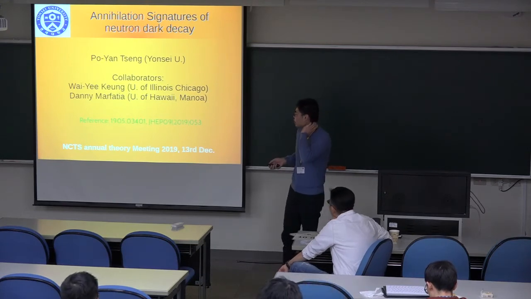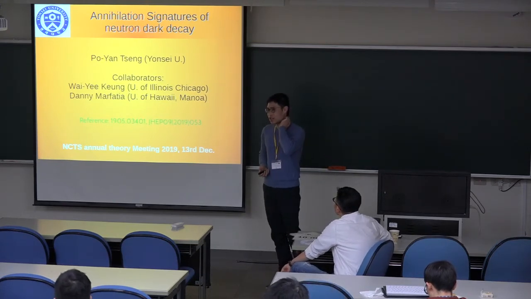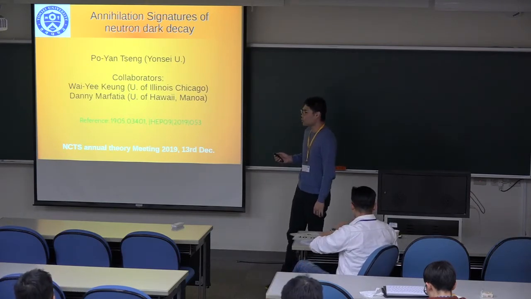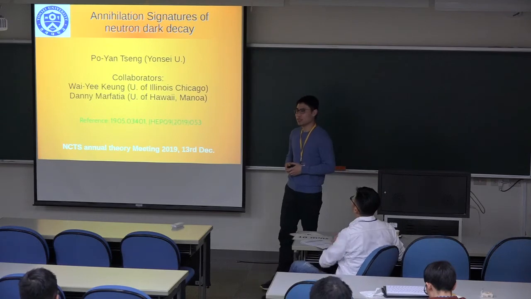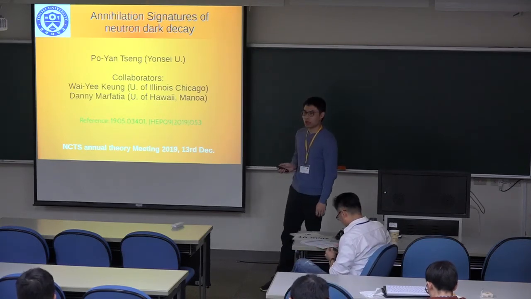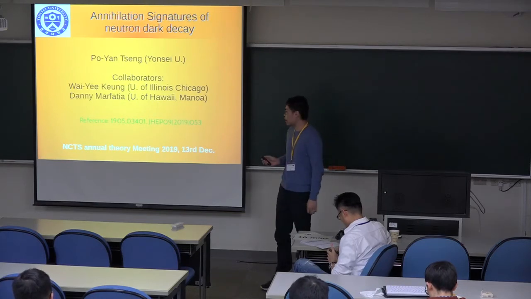Yesterday, we already gave a very nice introduction about this topic, and therefore I will focus more on some details in our analysis. This work is also in collaboration with Daniel Mafakia.